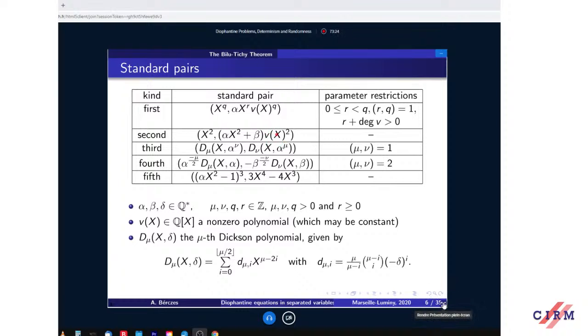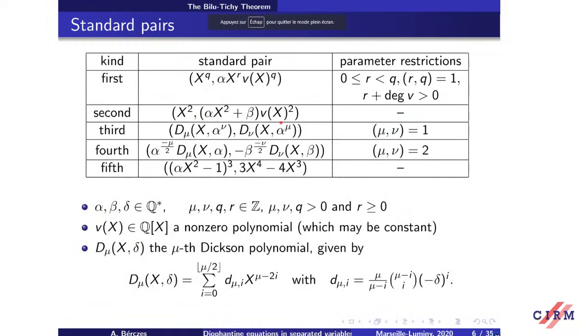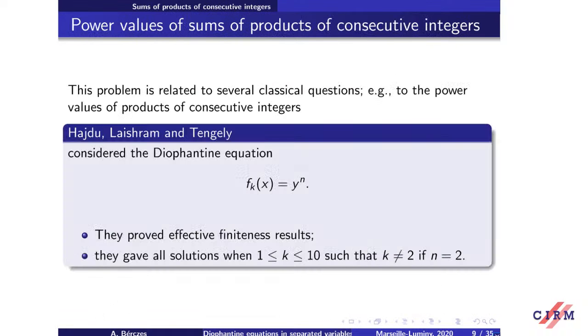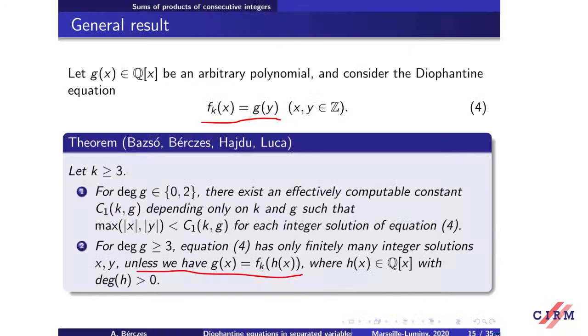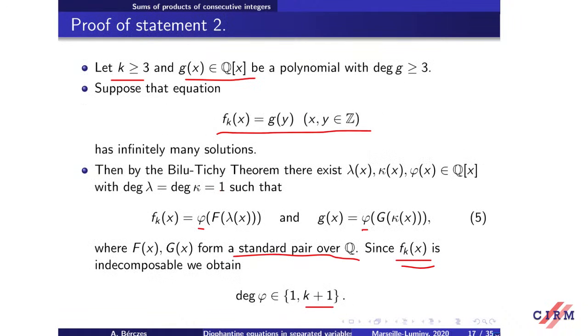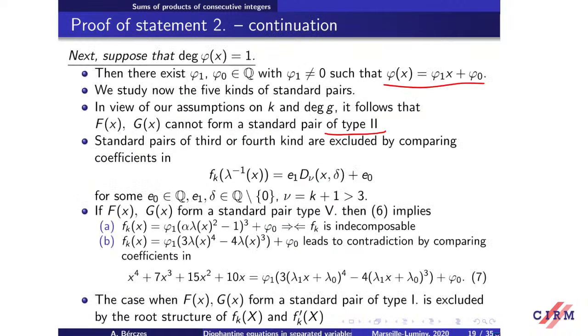So in that case, again, we see that it has multiple roots, but fk of x cannot have multiple roots. So this way we can exclude pairs of polynomials of type 2, standard pairs of type 2.